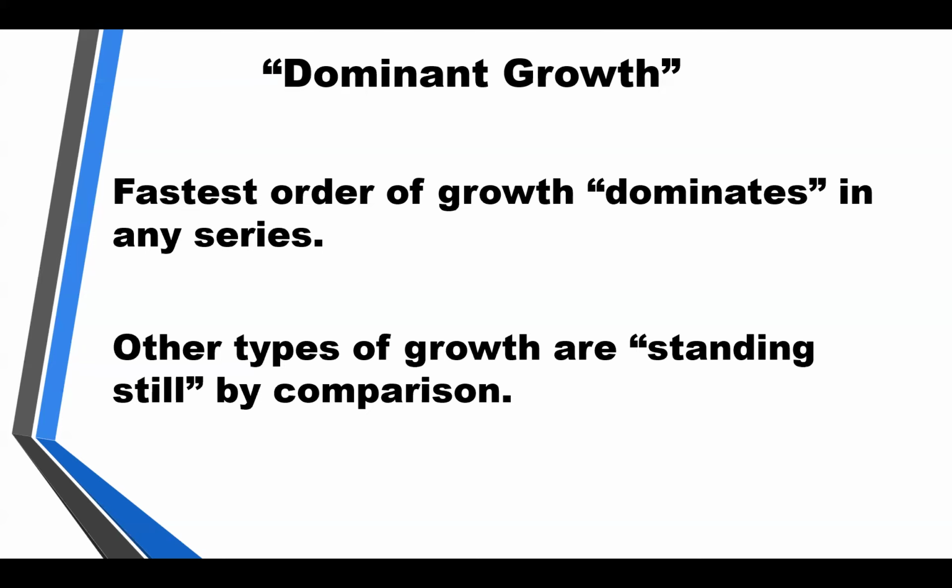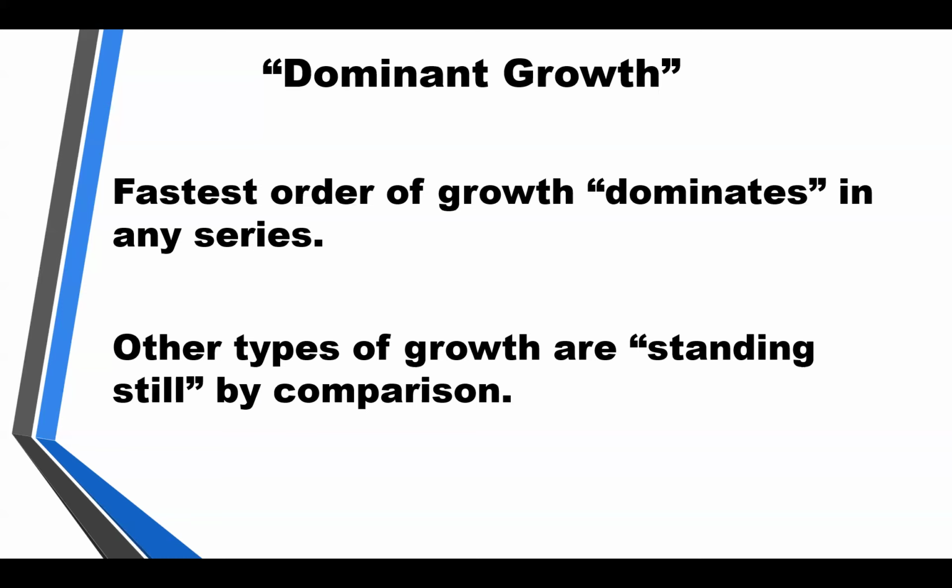Now, we do have to take into account multiple types of growth going on in the operation. So n to the n versus n factorial, we have a lot of different growth going on. But essentially, the fastest order of growth is going to dominate in any series.